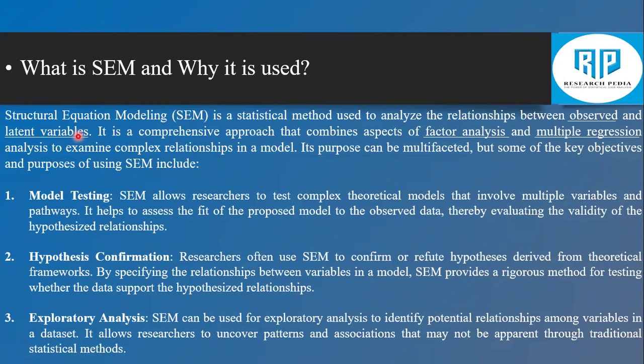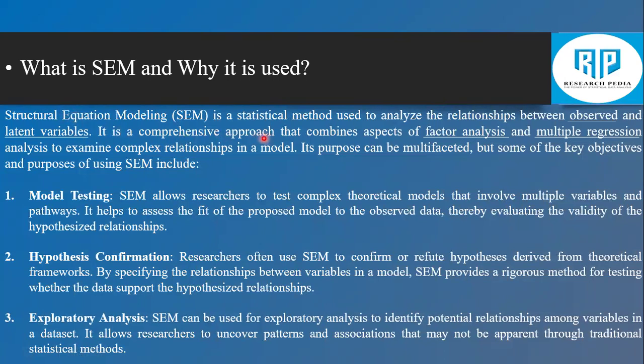Those are observed variables because they are directly measured by some indicators. While the latent variables are the variables which are not directly measured by some scales, they are basically measured by these observed variables. So when you are going to analyze the relationship between observed and latent variables, you are basically going to use structural equation modeling.